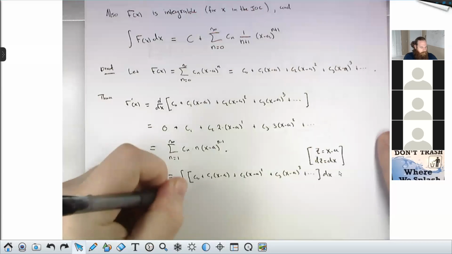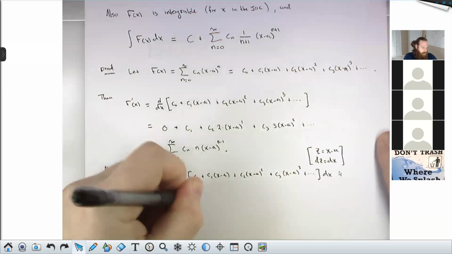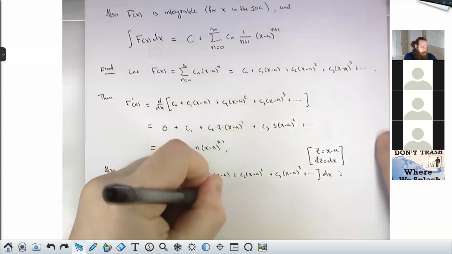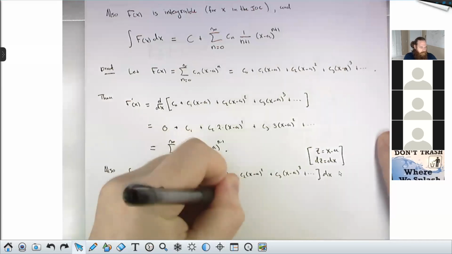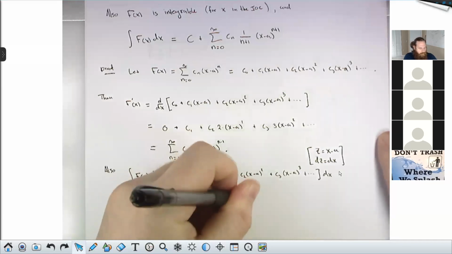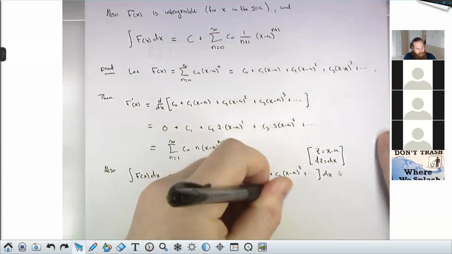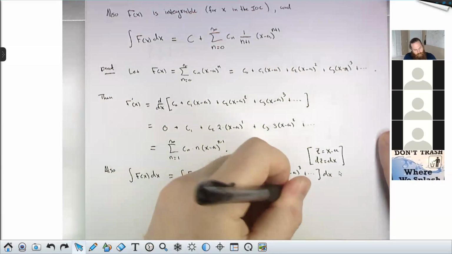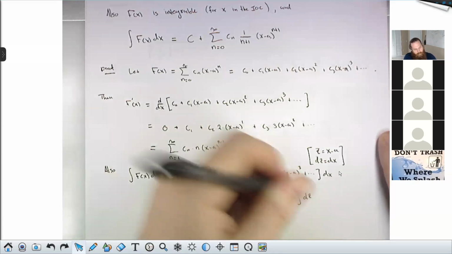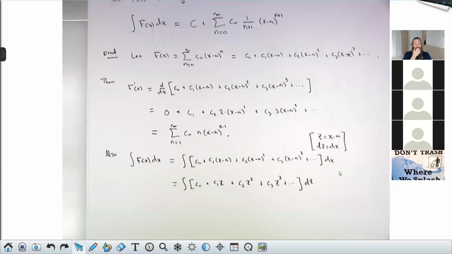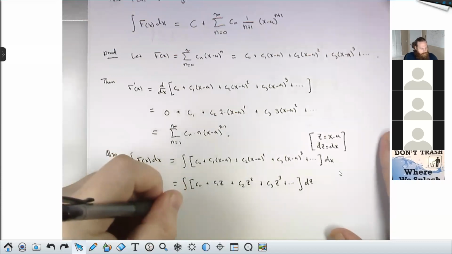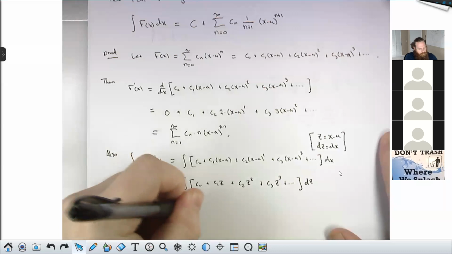So this will become the integral of C0 plus C1z plus C2z squared plus C3z cubed, all done dz. I'm doing an indefinite integral, so I do get a big plus C, and I'll put it at the front.